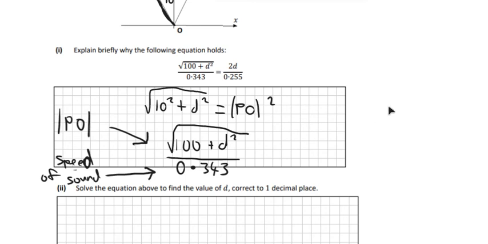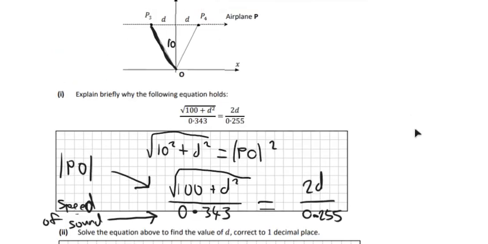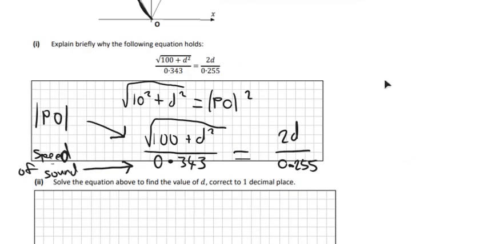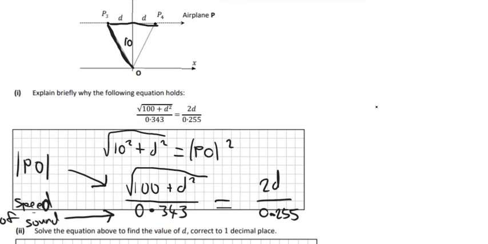So that's the first part of it explained, and that's equal to 2d over 0.255. So 2d is pretty much 2 times d, so it's just that plus that. You can see where that's coming from then. That's the distance from P3 to P4.